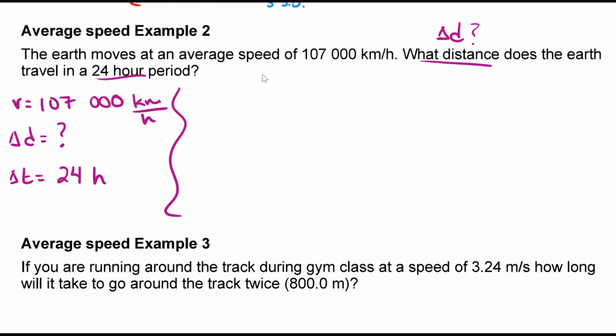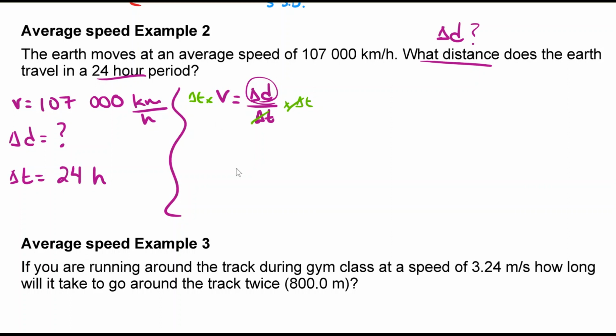I'm looking for distance, and I know that they're related by this formula. Now, if I want distance all by itself, I've got to do the opposite operation. So I have to multiply by delta t on both sides. Delta t and delta t cancel.